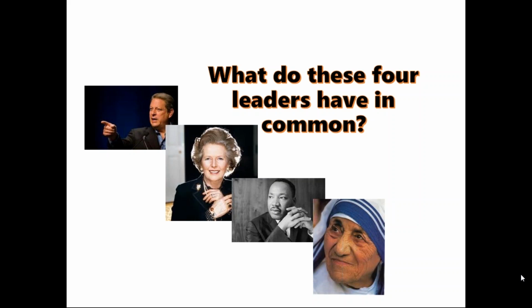Up in the top left-hand corner, we have former Vice President of the United States, Al Gore, a climate change activist. Underneath him, we have former Great Britain Prime Minister, Margaret Thatcher. Underneath her, we have Dr. Martin Luther King, the civil rights activist in the United States. And at the bottom on the right-hand side, we have Mother Teresa, who's recently been anointed as a saint.